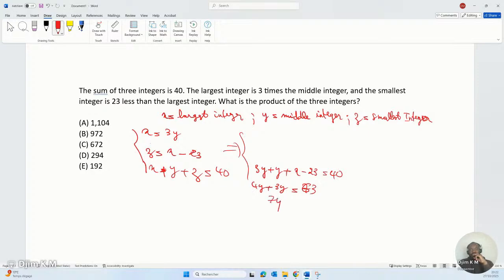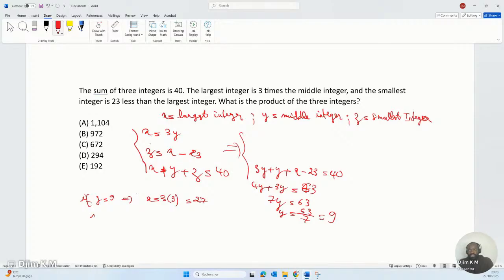So we have 7y equals 63. Y will be equal to 63 divided by 7, which is equal to 9. So if y is equal to 9, that means x is equal to 3 times 9, which is equal to 27.